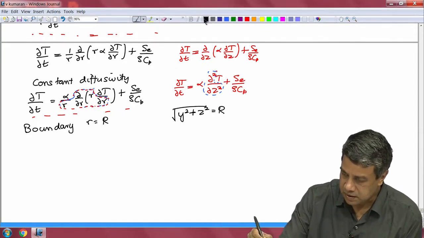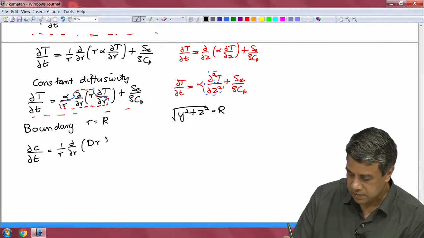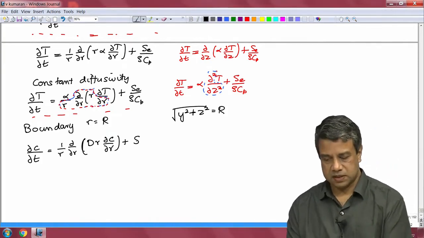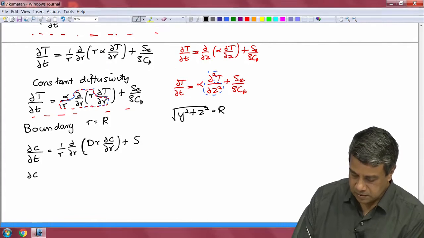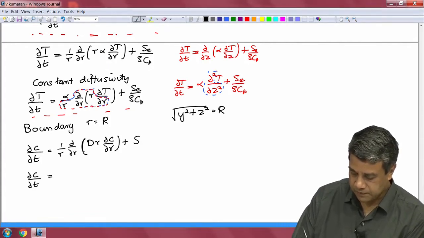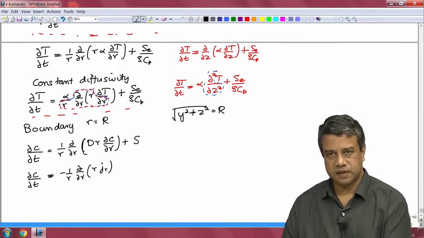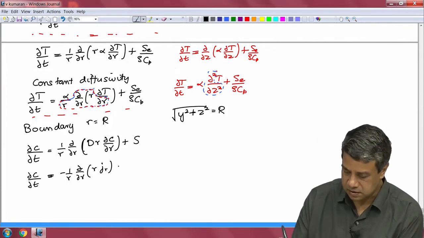The equation that I will get is partial C by partial t is equal to 1 by r d by dr of D times r times partial C by partial r plus mass source S. If I write it in terms of the flux, I would get partial C by partial t is equal to minus 1 by r d by dr of r J r, where J r is the mass flux in the r direction, just as Q r was the heat flux in the r direction.